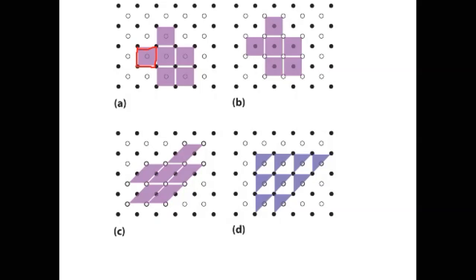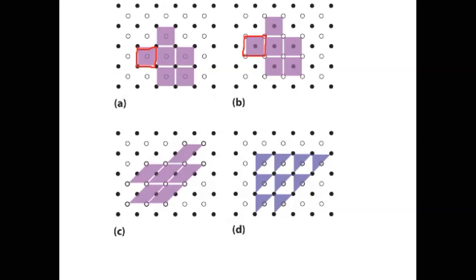Now in B, we've defined the unshaded circles as lattice points, and inside each one of those, we get a solid circle. So again, B is also a valid set of lattice points because the same thing gets repeated in 2 dimensions, and all of the crystal is accounted for.